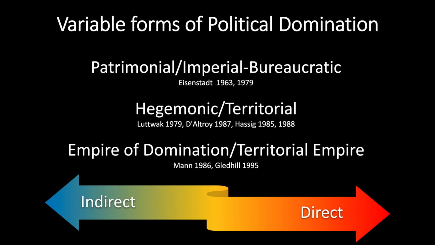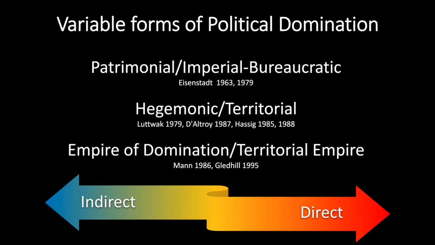And there's different terms that are used. Again, in political science, they tend to talk about hegemonies versus empires, patrimonial versus imperial bureaucratic forms of political domination following Eisenstadt, and the hegemonic versus territorial continuum that was used most initially by Luttwak.